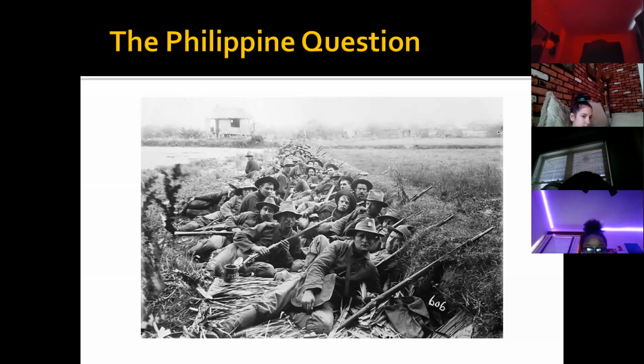The terms of the Spanish-American War peace treaty give the United States control over Puerto Rico, Guam, which is spelled G-U-A-M, and the Philippines.